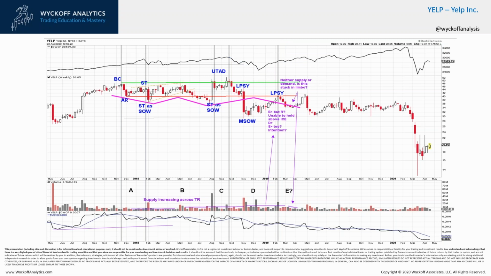Okay. Well, a couple of things that we want to say right away. How are we shorting? Well, first of all, shorting is very environmental, meaning that we have to be in the correct environment to short. Our preference would obviously be some kind of cyclical or major market reaction.